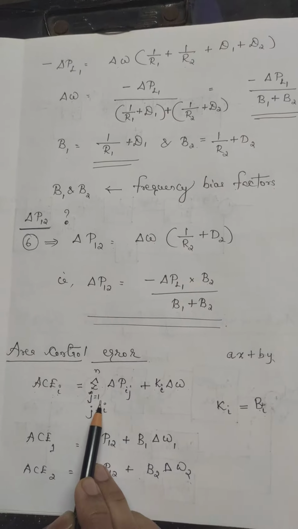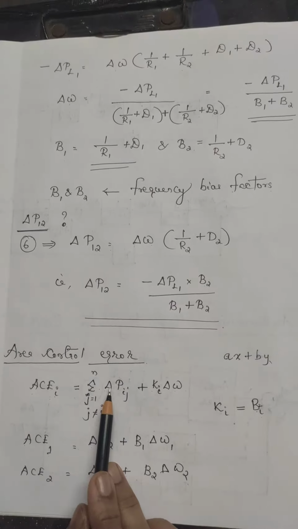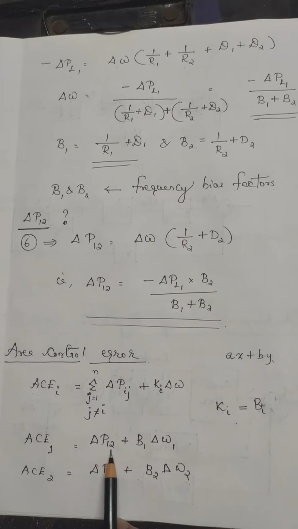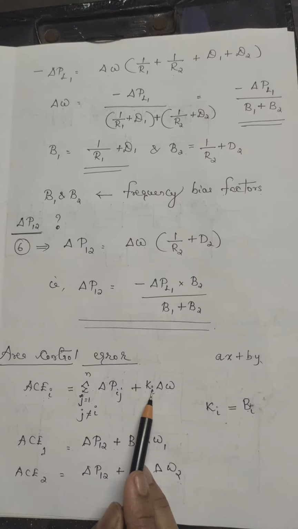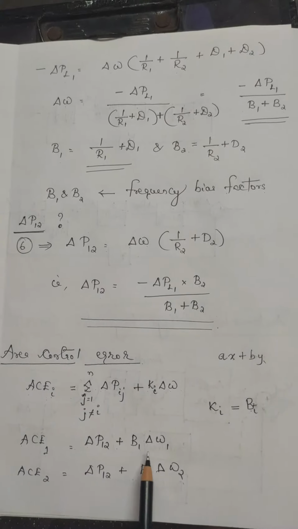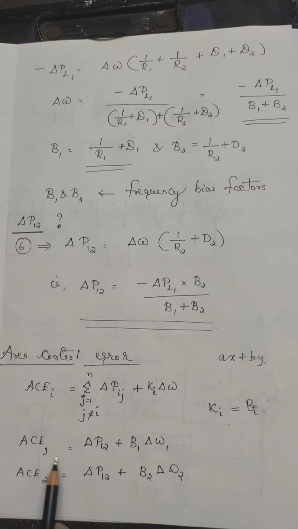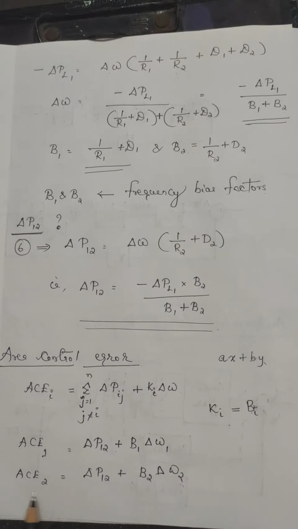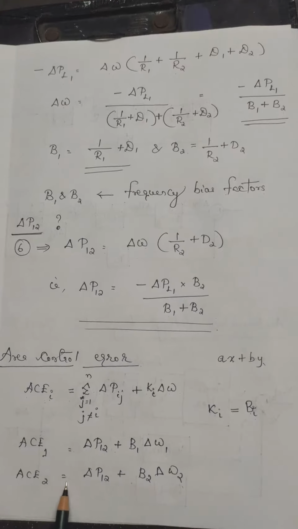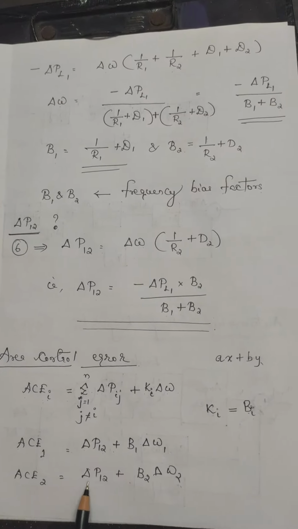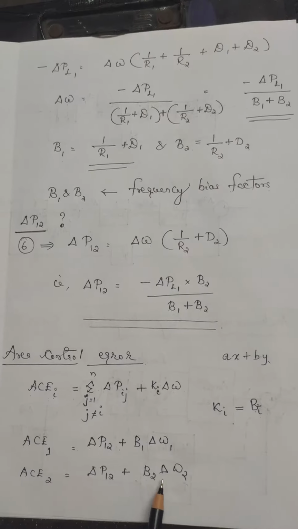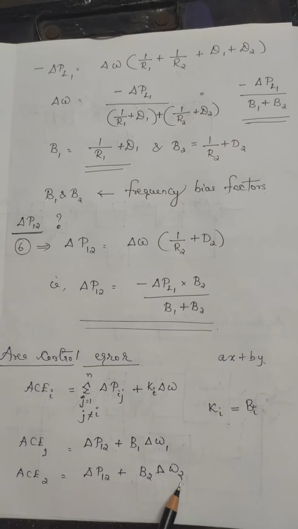So consider j is equal to 2. So it will become delta P12 plus, i is 1, B1 into delta omega 1. So this is the area control error for area 1. And for area 2, area control error will be delta P12 plus B2 into delta omega 2.